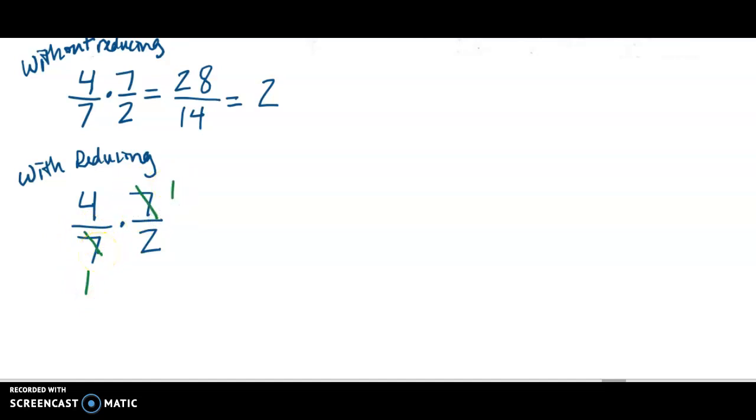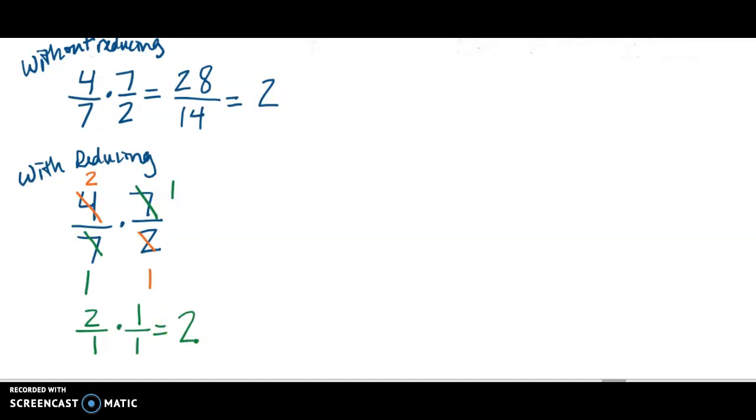I divided the top and the bottom by the same thing because I could. Now I still have a 4 and a 2. Well, 4 is divisible by 2 and 2 is divisible by 2. So 4 divided by 2 is 2 and 2 divided by 2 is 1. So look at this new problem: it's 2/1 times 1/1, which just gives me a 2.